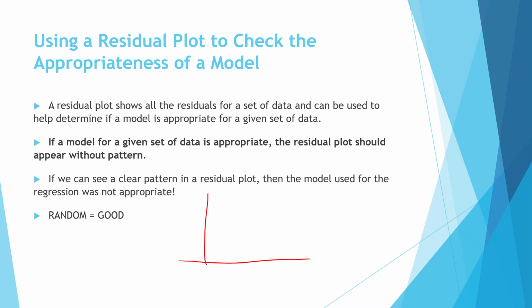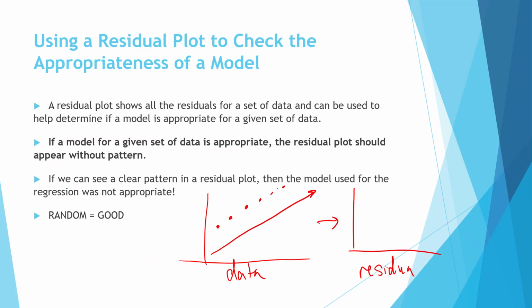Let's say we have an actual, so this is different from our actual data, and then let's convert this to a residual plot here. Let's say our actual data was like this, and let's say our line of best fit was that line. Obviously, that's not a great line of best fit because it should be moved up a little bit.